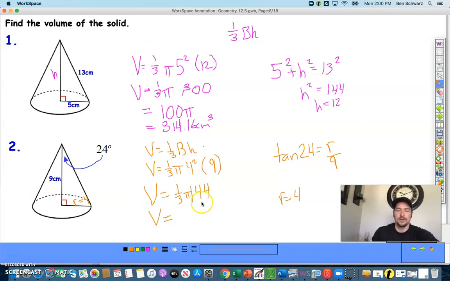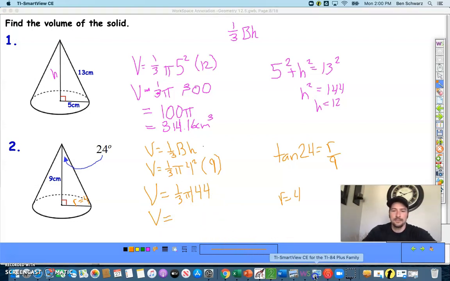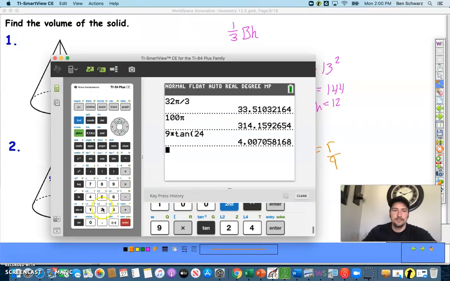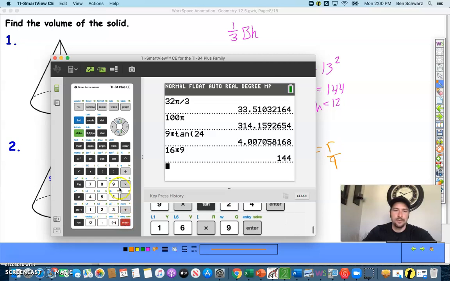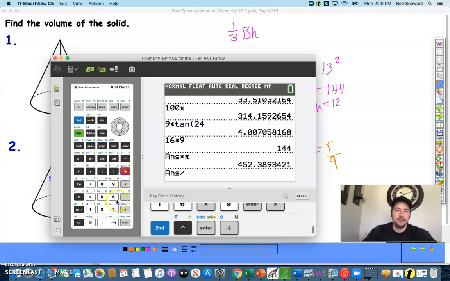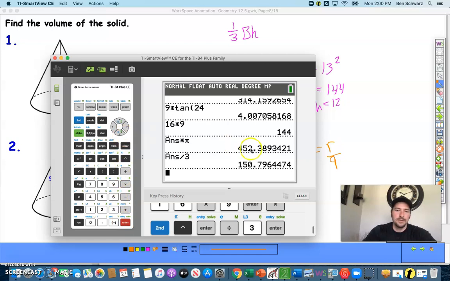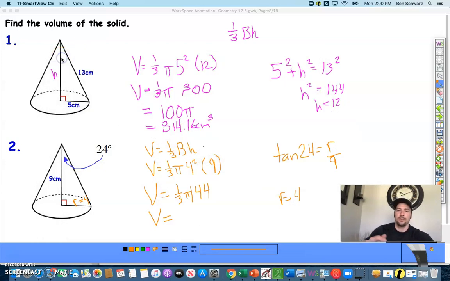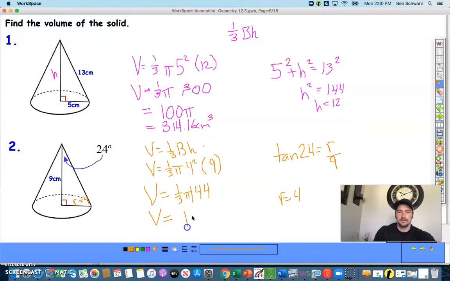And then we can just do 144 pi divided by 3. Check my 16 times 9 just to make sure. Yep, 144. And then we're going to take that times pi, and then divide it by 3. And so 150.796, so 150.8. And centimeters cubed. So that's that one.